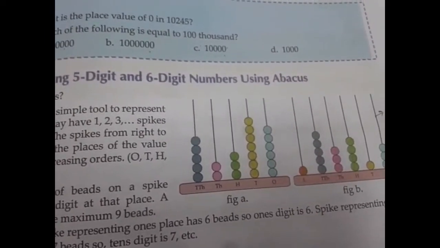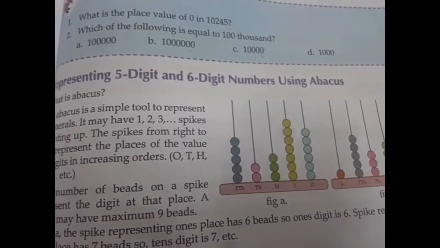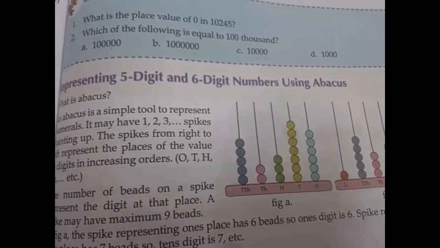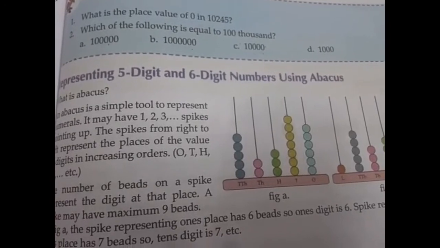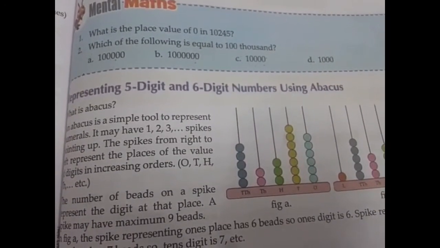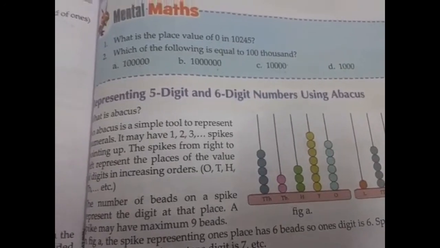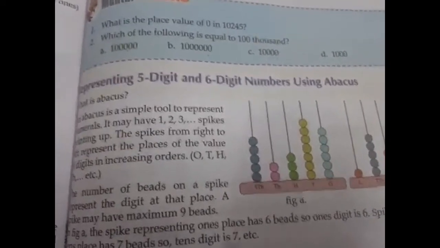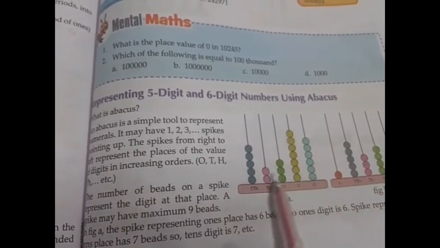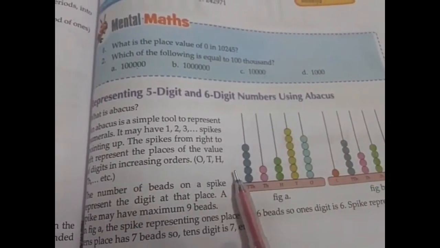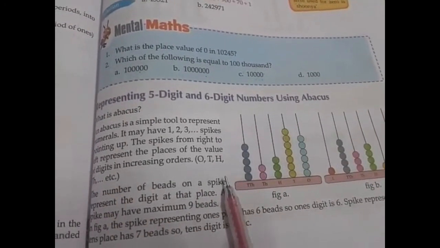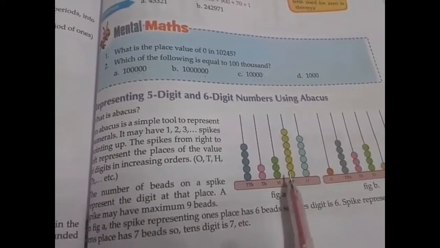Okay, see here. An abacus has spikes. How many spikes? The number of spikes, you may take as many as you want. The spikes from right to left represent the place value of the digits in increasing order.